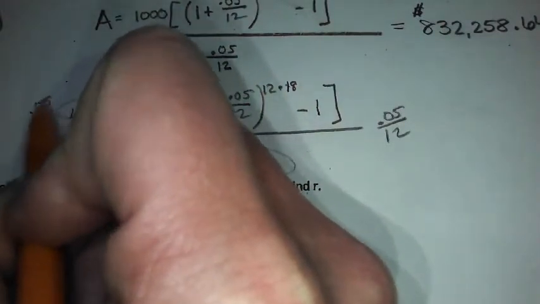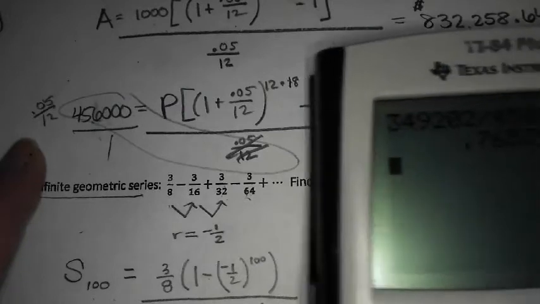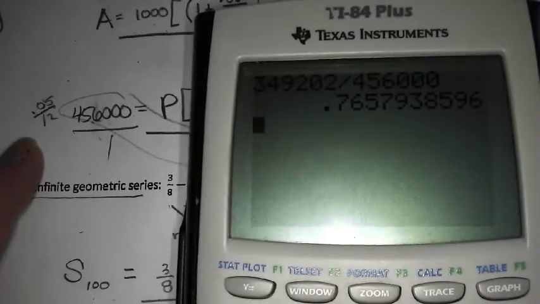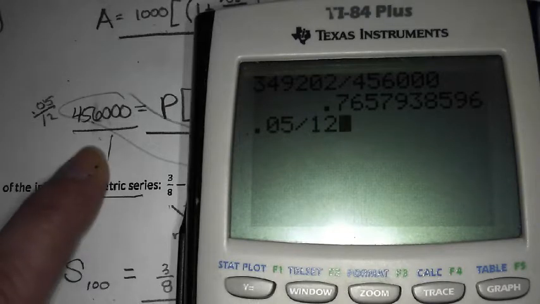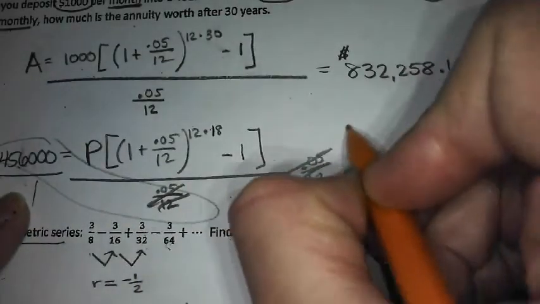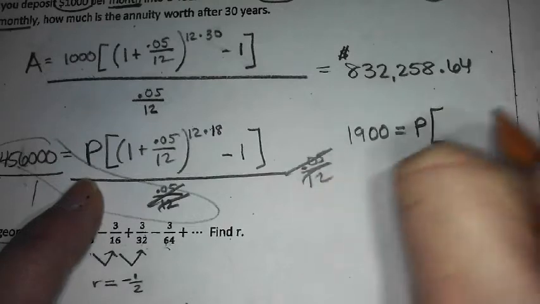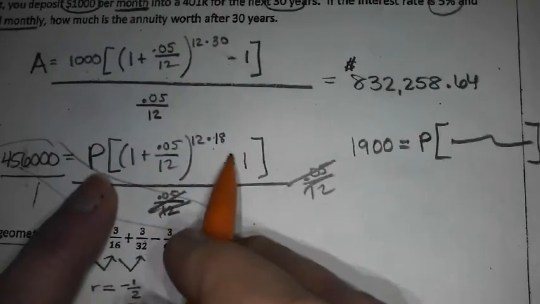So 0.05 over 12. And so if I take that 0.05, thanks for doing my family planning for me, guys, times 456,000, 1,900. That's a nice number. 1,900 equals P times that nonsense, which I don't feel like copying over.